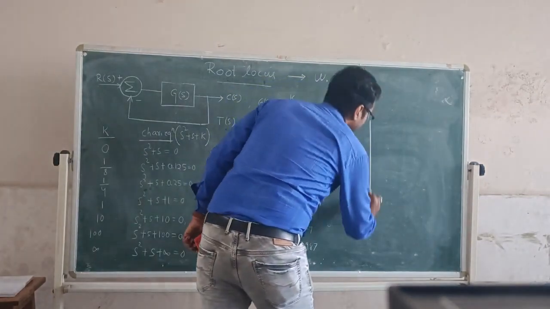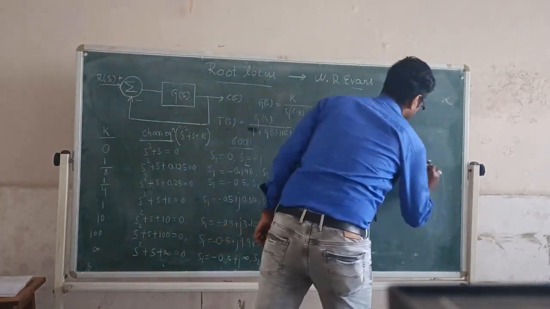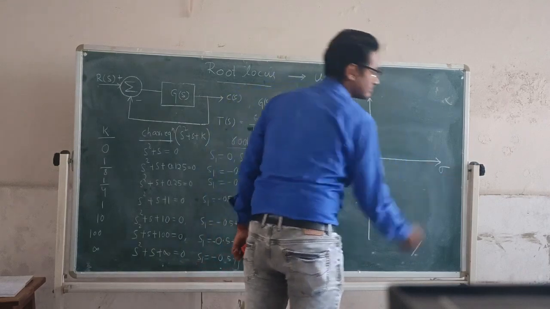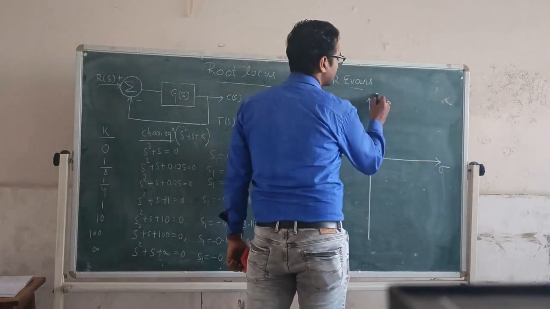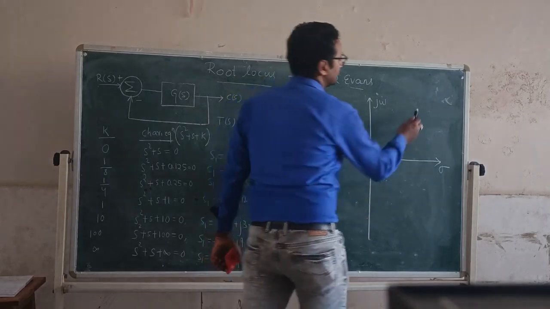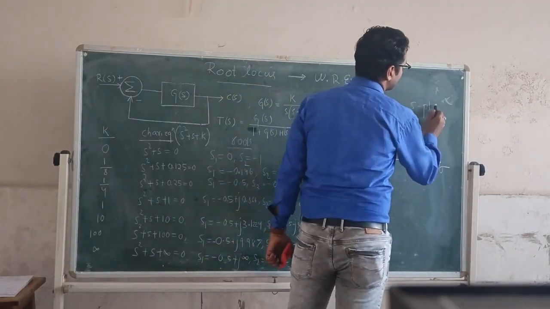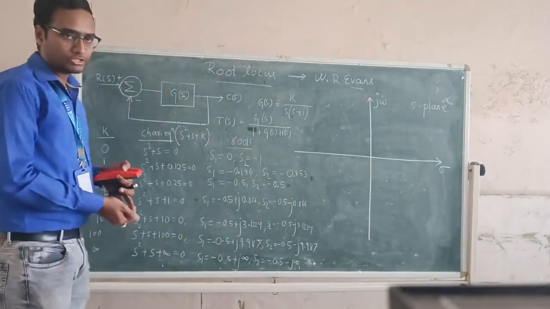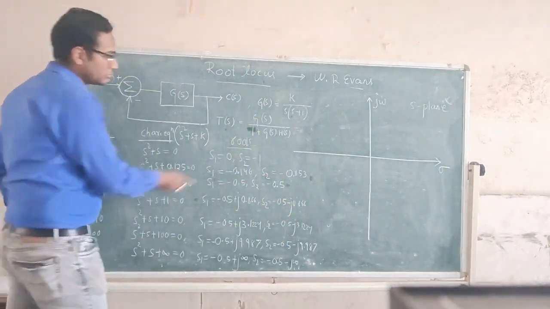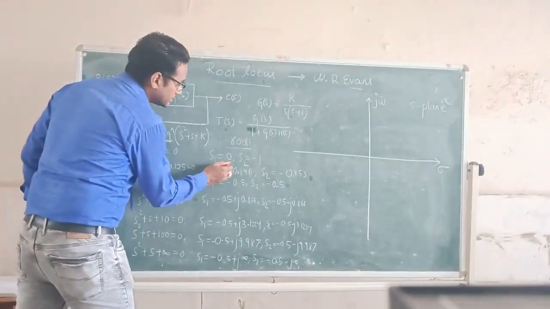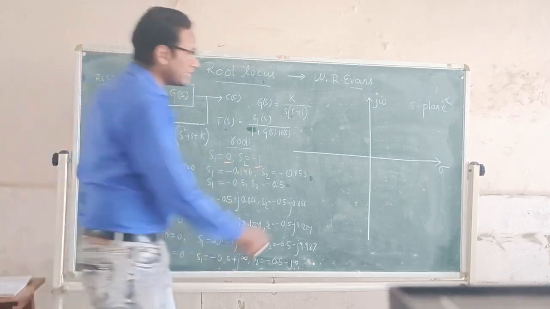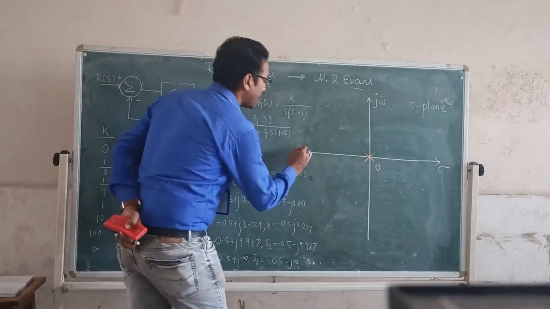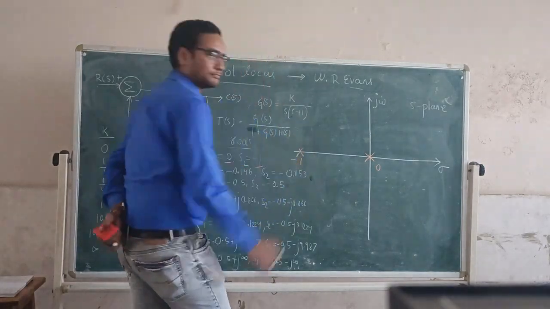For example, this is the real part, this is the imaginary part, this is the s-plane. When k = 0, where are my roots? Here 0 is there and here -1.